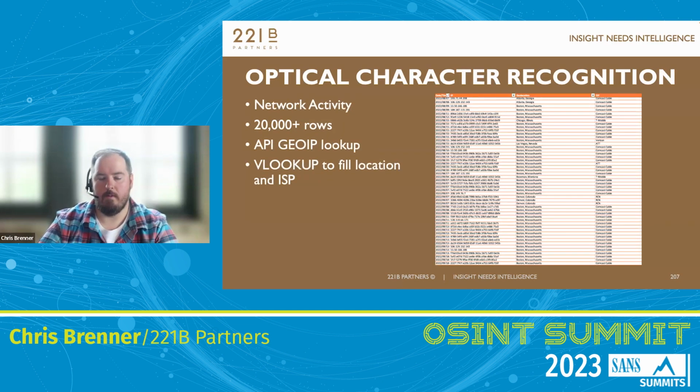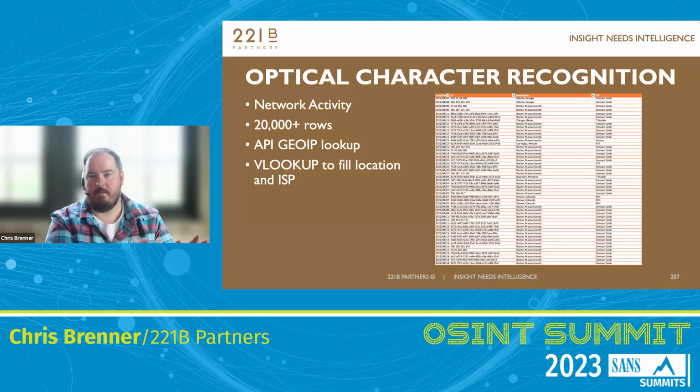So from there, we were able to dedupe IP addresses to find unique IPs listed within there, and then ran IP whois lookups through an API to quickly associate the ISP information and geolocation information for that. And then within Excel, I also used VLOOKUP, which for anybody not familiar is basically a way to say: find this string of information in this column, and then take this piece of information and associate it with that back into this larger data set.